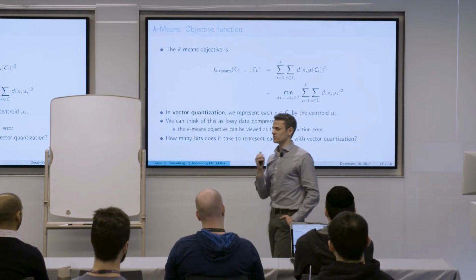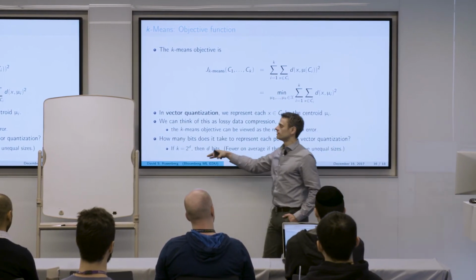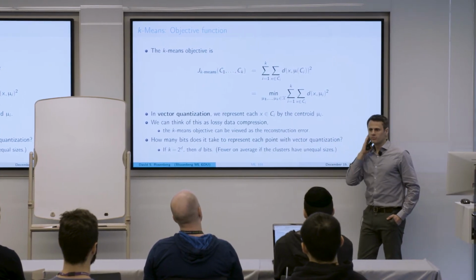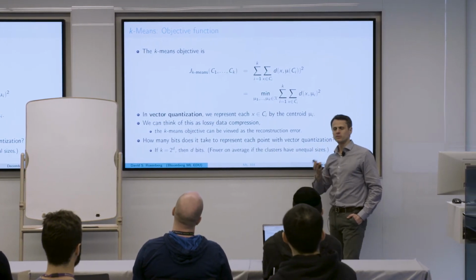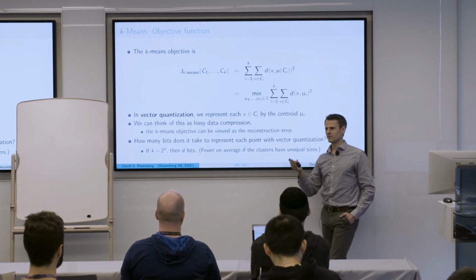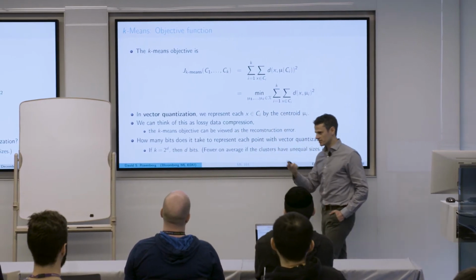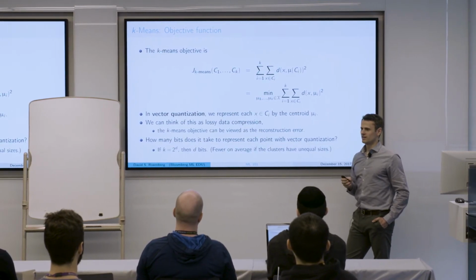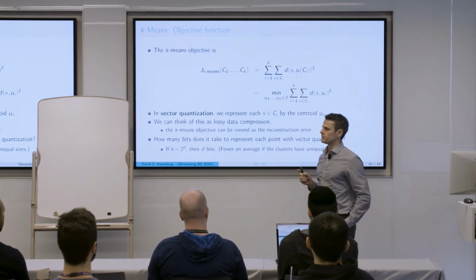Yeah, log of the number of clusters. Great. So if, for instance, we have 2 to the d clusters, for simplicity, then we can enumerate them and represent that number of the cluster. We basically represent each x by its cluster number. And then how many bits do you need to represent a number from 1 to k? So if it's 2 to the d clusters, then you need d bits. OK, good. A little sidebar on lossy data compression. But there's other reasons for us to be interested in vector quantization.